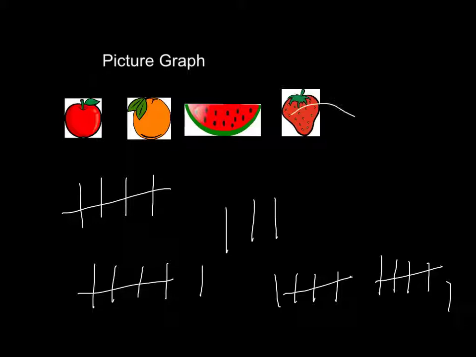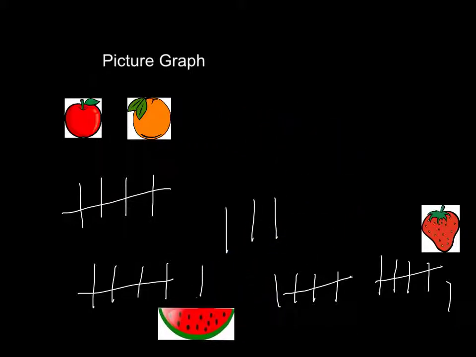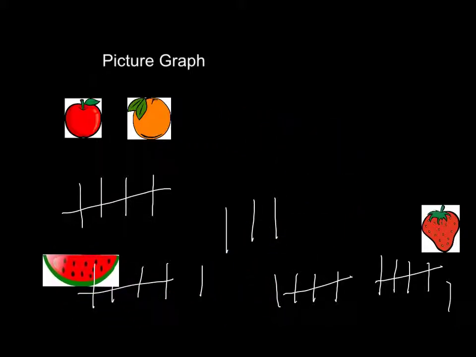So, whoops-a-daisy. Oh my goodness, how are we going to rub that bit out? Silly Mr. Quinn. Anyway, so we'll put the data over here. So here's the strawberries. Here's our watermelon over here with these people. Our apples go with this group of tally marks, sorry.